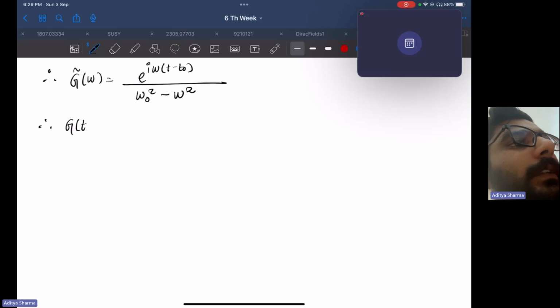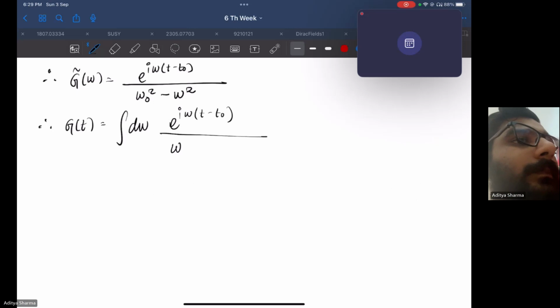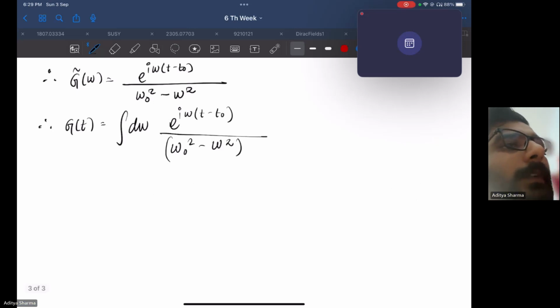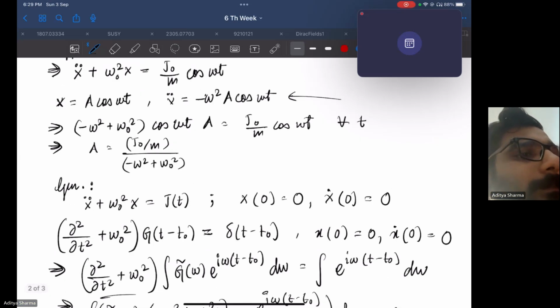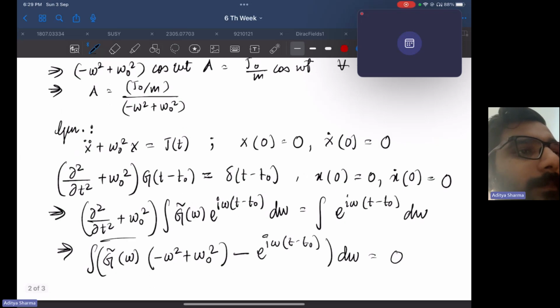Therefore our G of t is integral of d omega e to the power i omega t minus t naught over omega naught square minus omega square.